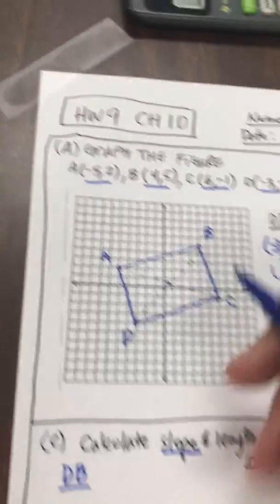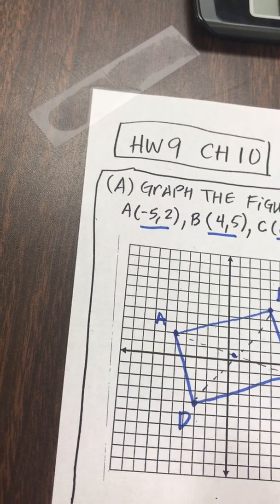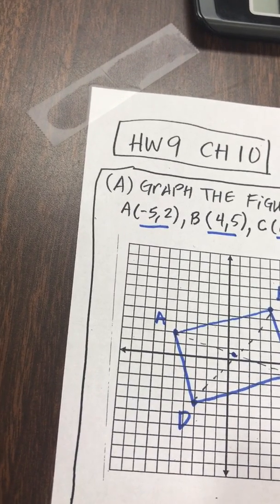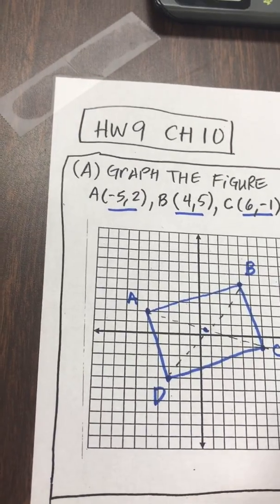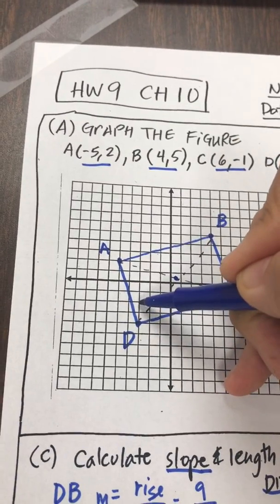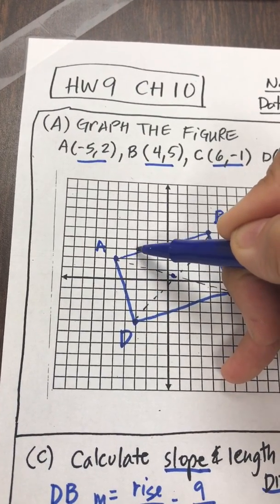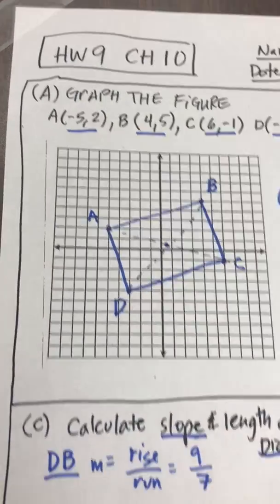That's our first diagonal. I think I counted 9/7. So the slope is rise 9, run 7. I'm going to verify that again. 1 through 9, and 1 through 7.